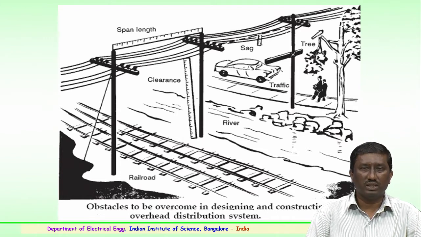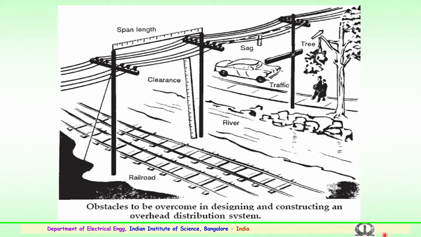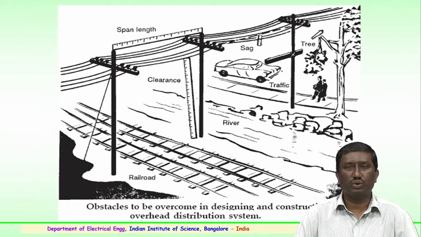As per international and national standards, various specifications are laid down for the minimum clearances to be maintained for rail transport, river or normal traffic, apart from the electrical clearances for the tower.